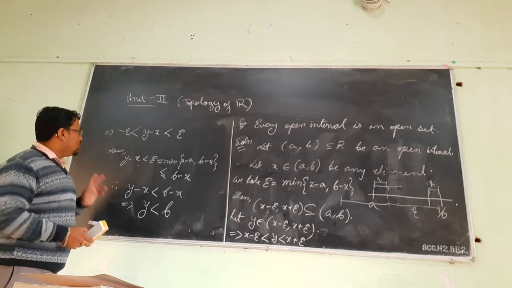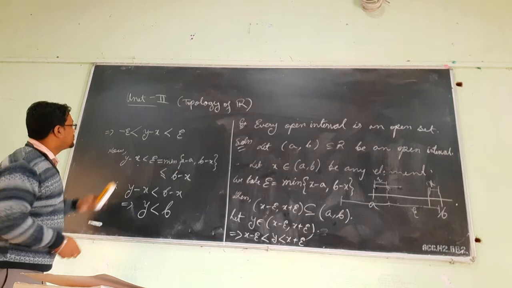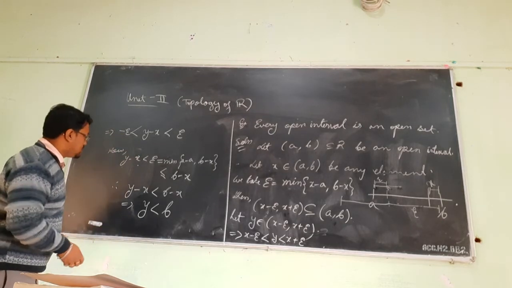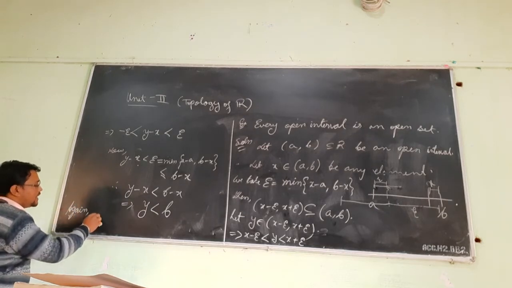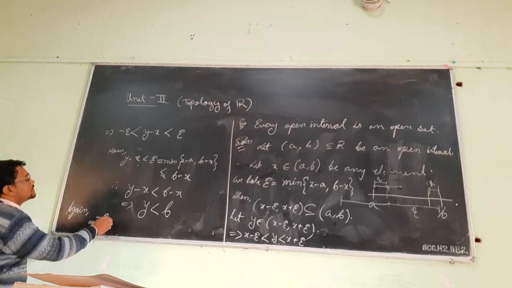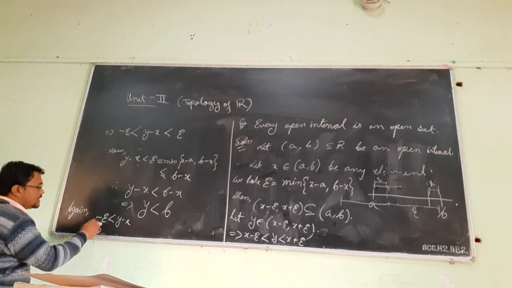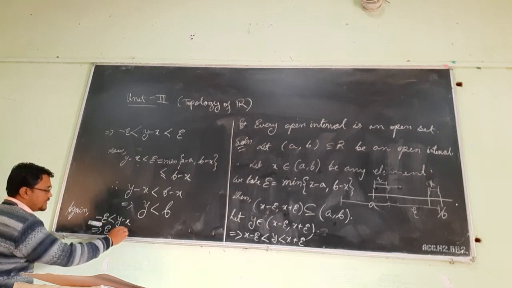Also, we will show that y is strictly greater than a. We will show it from this part, the a part. Again, minus epsilon is less than y minus x. So if you multiply both sides by minus 1, epsilon is greater than x minus y.